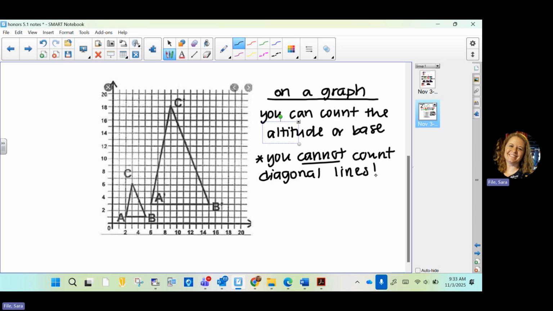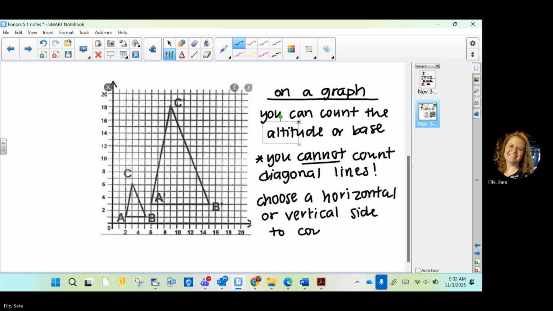So you choose a horizontal or vertical side, I should say, to count. Okay, so like I said, in this specific example, the only horizontal or vertical is A to B.